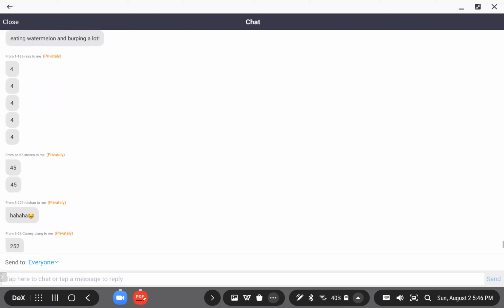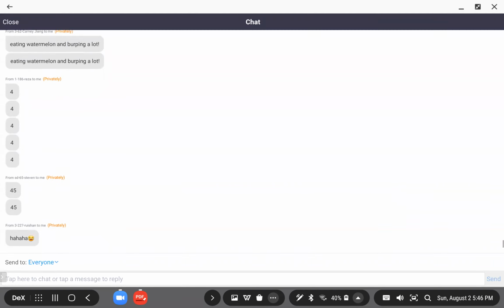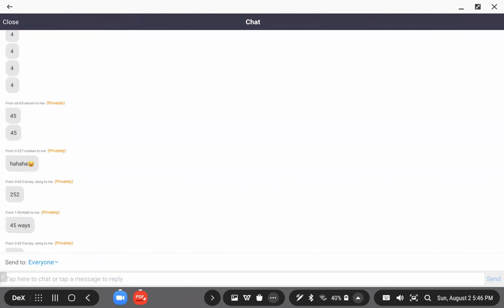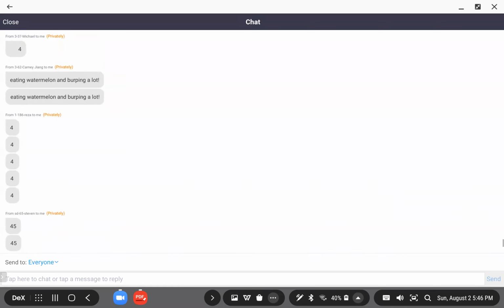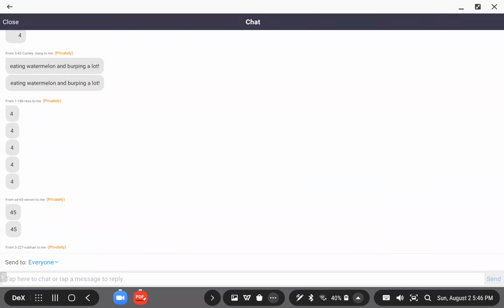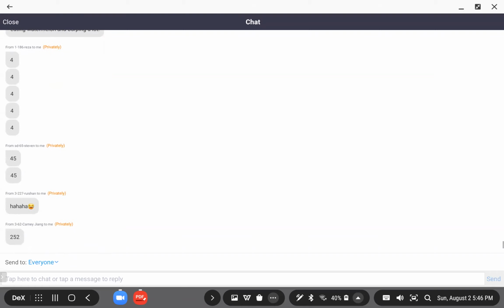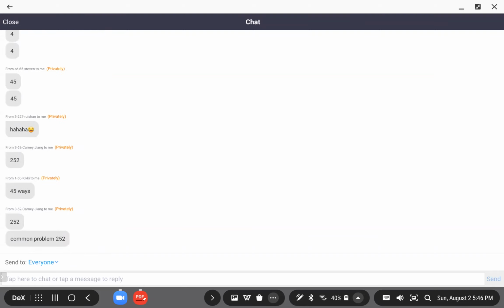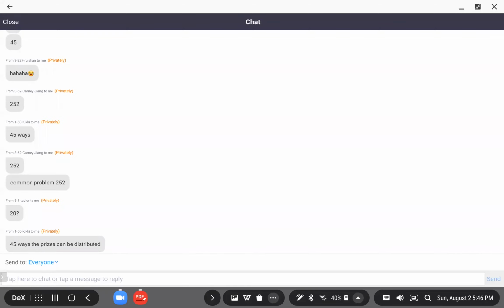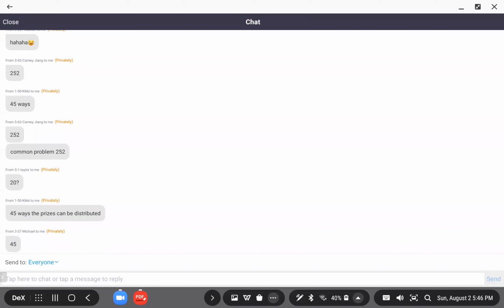Stevens says 45, and Carney says 252, and Kiki also says 45.